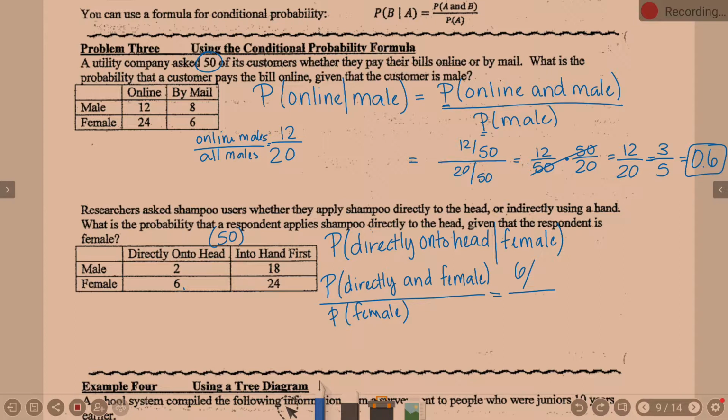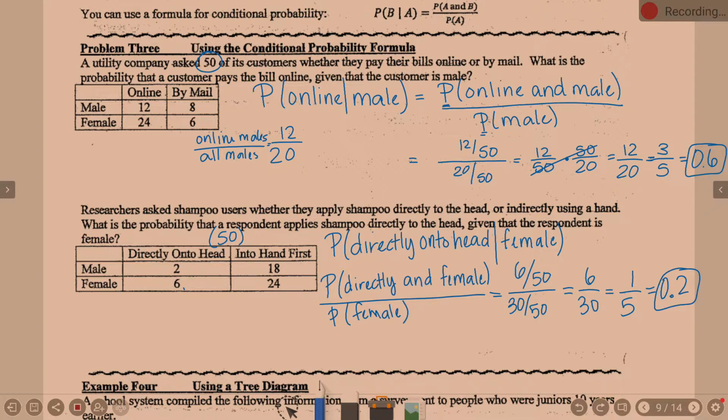So directly and female is 6 out of all 50 people. What's the probability the person's a female? Female is going to be 6 plus 24, 30, so 30 over 50. Now, the 50s end up canceling, and you end up with 6 over 30. Divide both by 6, and you end up with 1/5, which is 0.2.